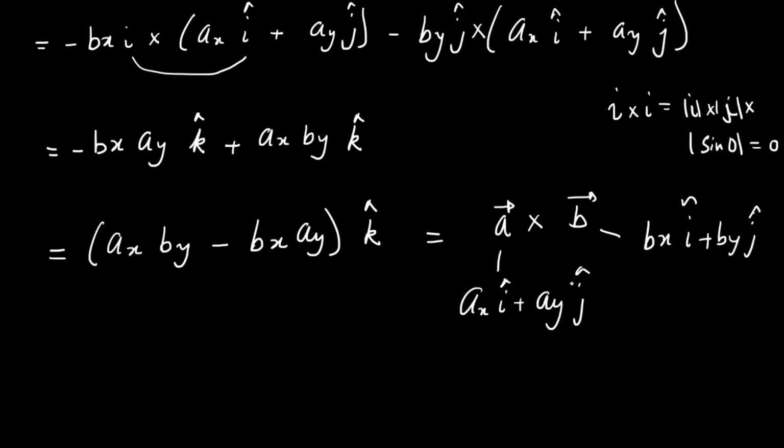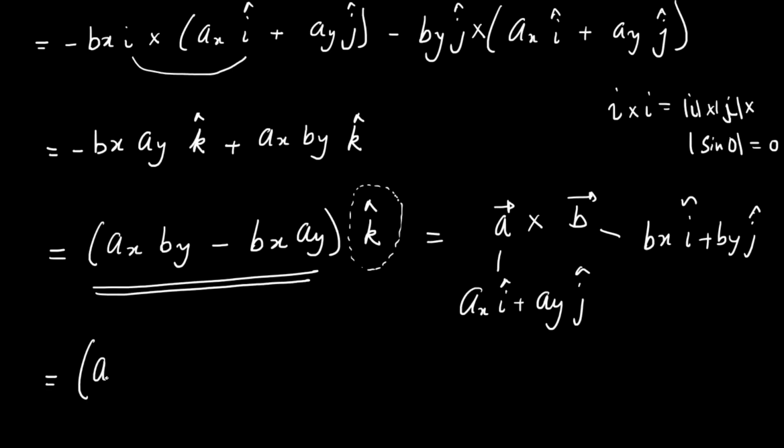And what you see here is that the answer is a vector whose direction is in the direction of k, and whose magnitude, perhaps because there is some symmetry here, is not so difficult to remember.